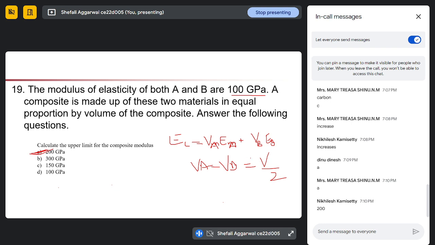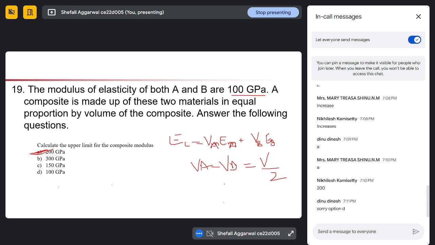So it will be E is equal to VA times EA plus VB times EB, right?